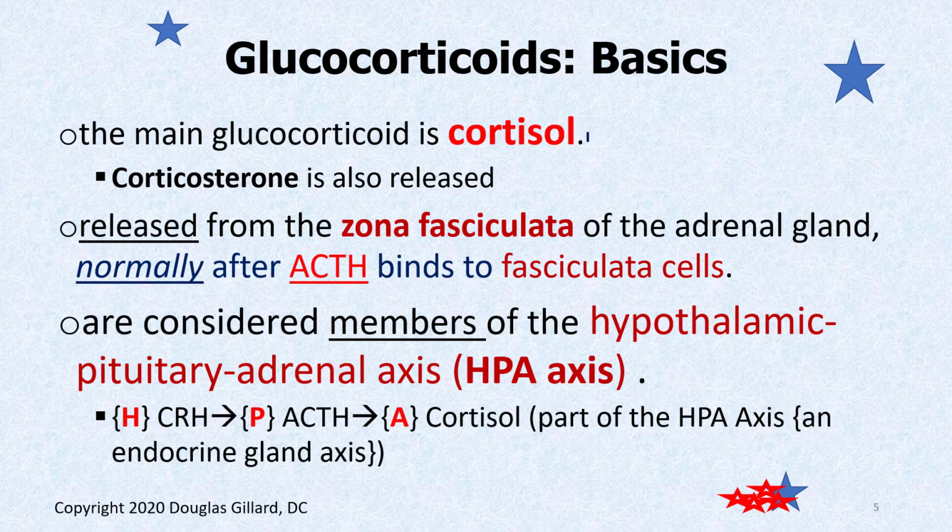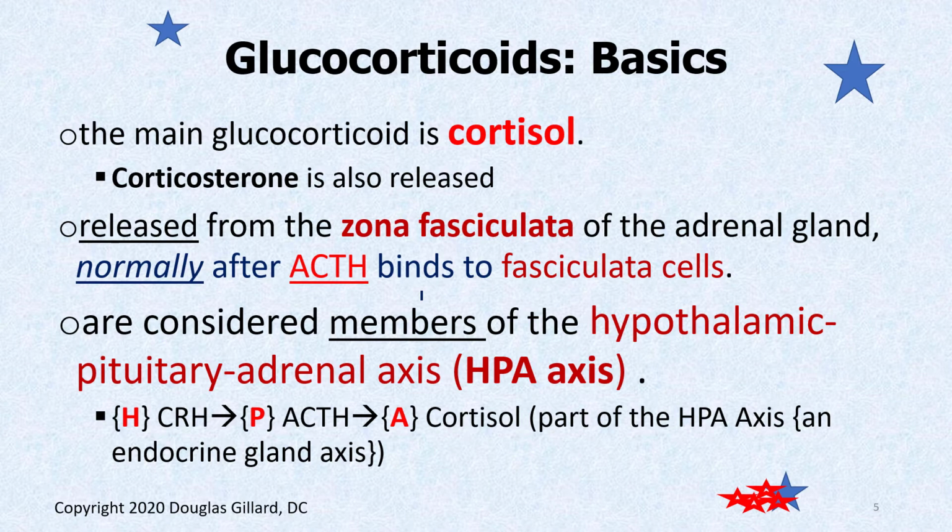The main glucocorticoid is cortisol, of course. Corticosterone is also released. Again, zona fasciculata for like the millionth time. We've said of the adrenal cortex, its release is stimulated after ACTH binds to fasciculata cells.